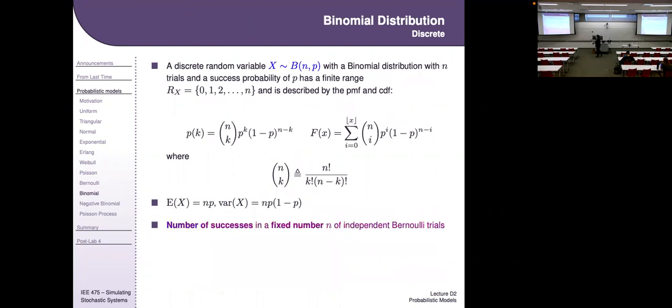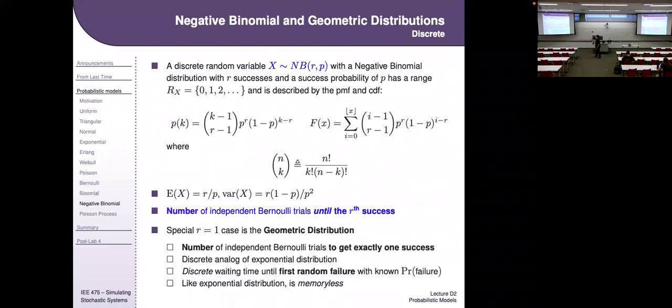If I go back, binomial is given and you can use the parameters to help you. If I have a fixed number of trials, how many of those trials come up with whatever my special outcome is, heads, true, whatever. And the average of this is going to be n times p. On the other hand, here I've got the same probability, but now I'm saying how many of the special event do I want?